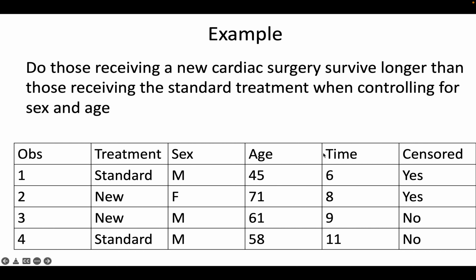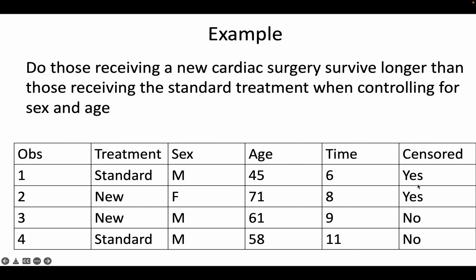Observation 1 was followed for 6 years, and they stopped being followed because they were censored, as opposed to individual 3 here, who was followed for 9 years, and their follow-up time stopped not because they were censored, and the only other reason it could have happened is because they had the event.